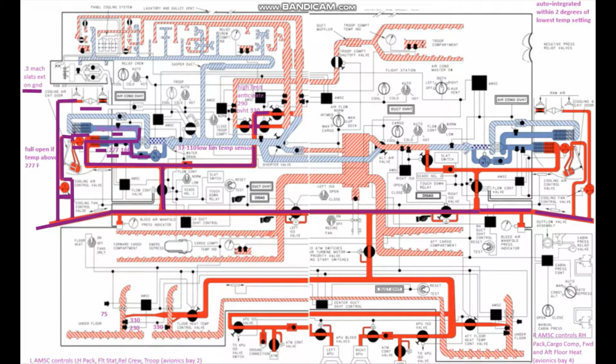If it reaches that temperature, the 547, then the signal that's sent to the AMSC will then close our flow control valve, preventing bleed air from coming into the system and overheating our ducting. So our compressed air at this point will make its way through and make it to the secondary heat exchanger, where it's further cooled.